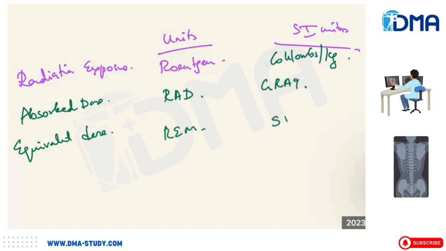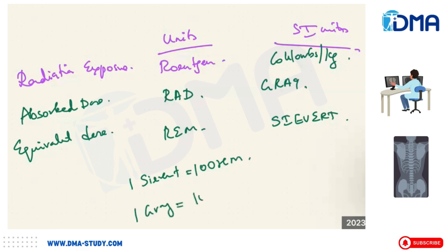SI unit will be sievert. These are very, very important things that you have to know. 1 sievert is equal to 100 rem. 1 gray is equal to 100 rad. Okay, these are the small conversions that you have to know.